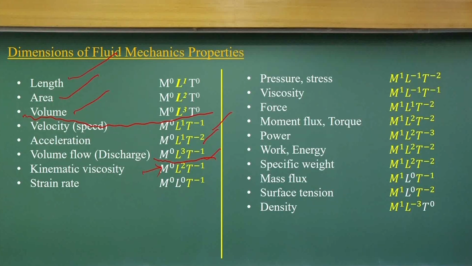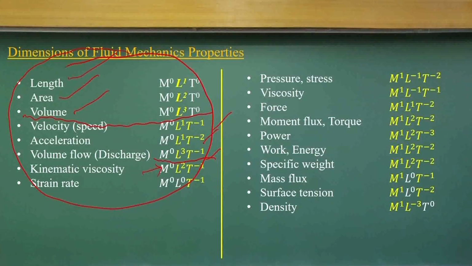If you look at these properties, all are independent of mass: first length, area, volume, then fluid properties like velocity, acceleration, volumetric rate or the discharge, kinematic viscosity and the shear strain rate.